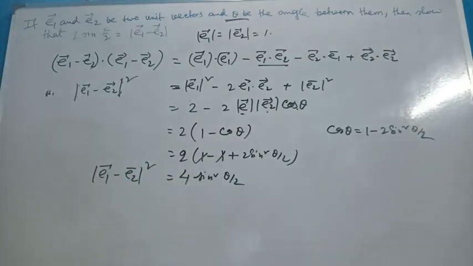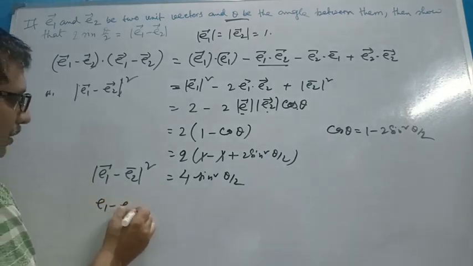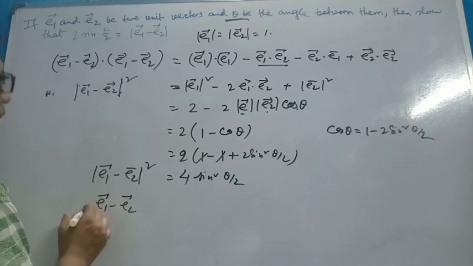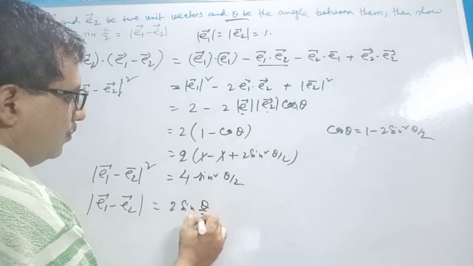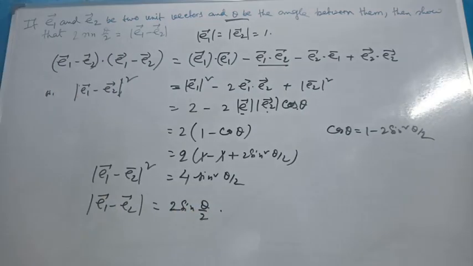So taking the positive square root, we get mod of E1 minus E2 is nothing but 2 sin theta by 2. Very easy to prove. Very simple question. In this way we can prove this.